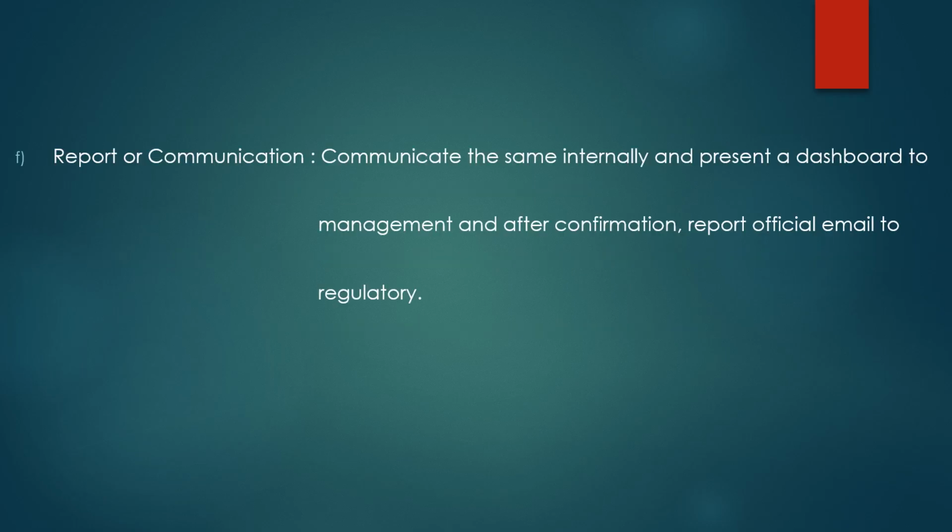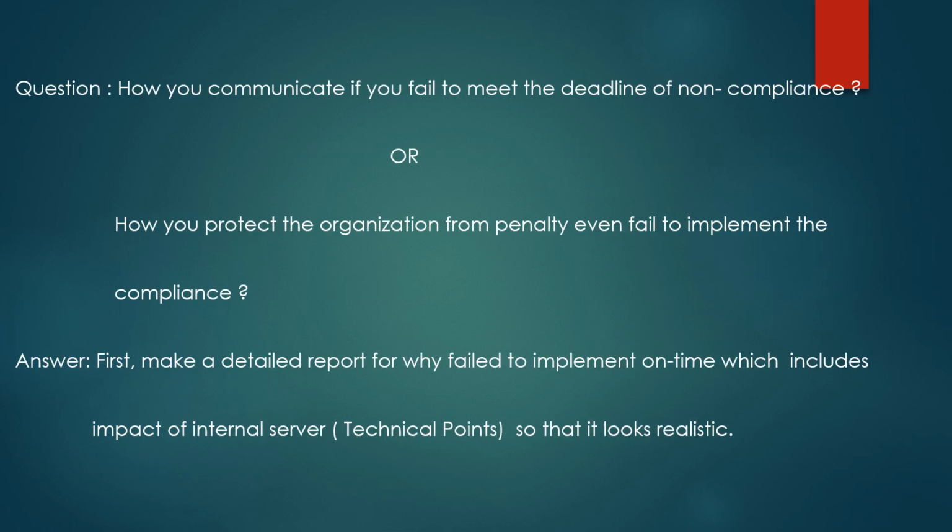Last is reporting and communication. Communicate the same internally and present a dashboard to the management, and after confirmation send an official email to the regulator regarding the status of implementation.